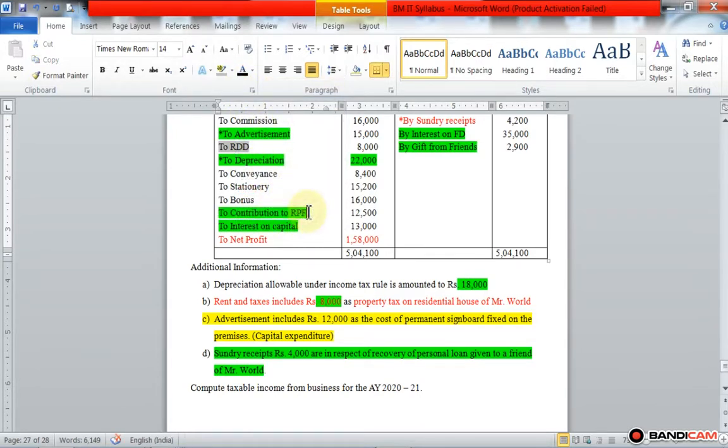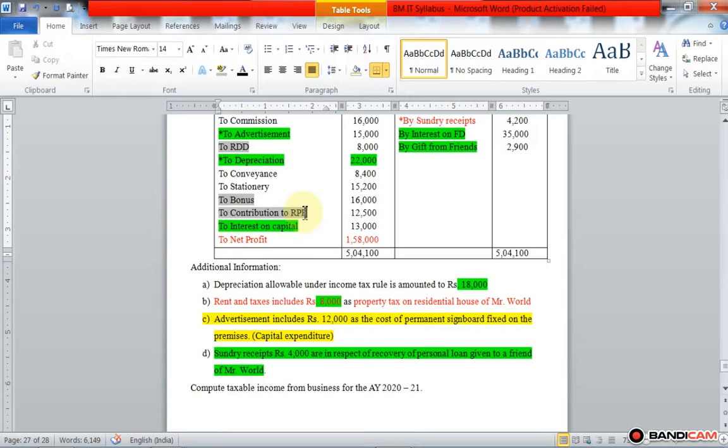Got it? So bonus and contribution to RPF, sorry, not commission. So bonus and contribution to RPF is considered as business expenditure because the bonus is given to employees and the contribution to RPF is for employees.